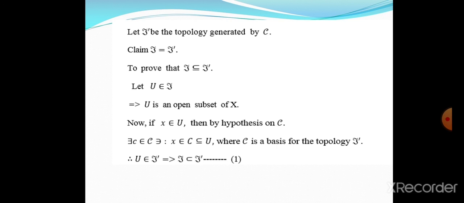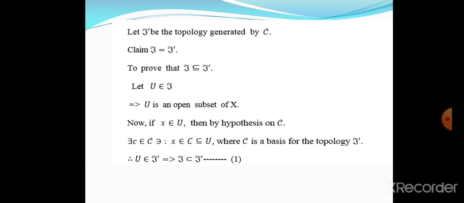To prove tau equals tau dash, what do we do? First, prove tau is a subset of tau dash. Next, prove tau dash is a subset of tau. First, you claim tau is a subset of tau dash.